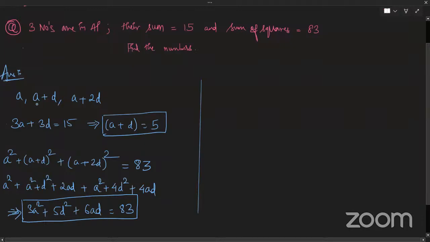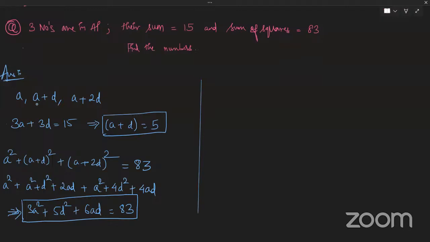But I have a better method also. Can anyone think? Instead of taking the numbers as A, A plus D and A plus 2D, I have one easier method. Can anyone tell me? A equal to 5 minus D, sir. We can substitute the A value. Okay, that also you can do, but still you will have to solve a quadratic equation.